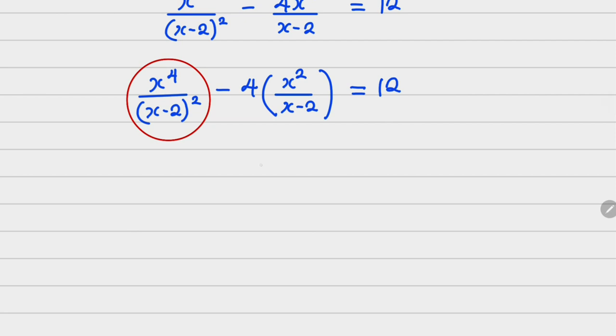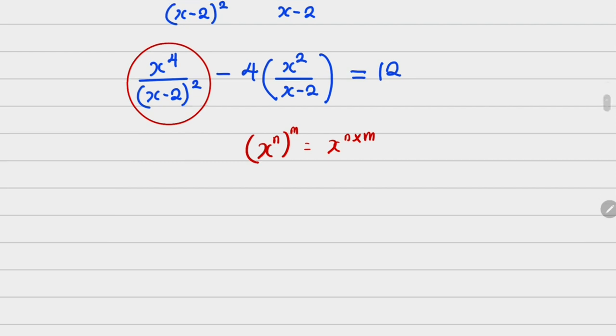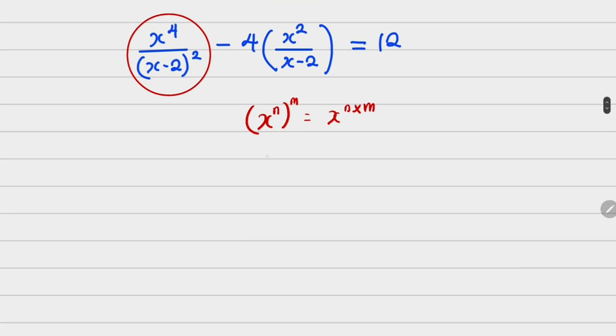If for any reason I have x, or let me put it this way, one of the laws of indices, if I have x raised to power n and this is raised to power m, is going to be x raised to power n times m. That is very important and very valid. And I want you to know that if I have x over y all raised to power n, it is the same thing as having x raised to power n over y raised to power n.